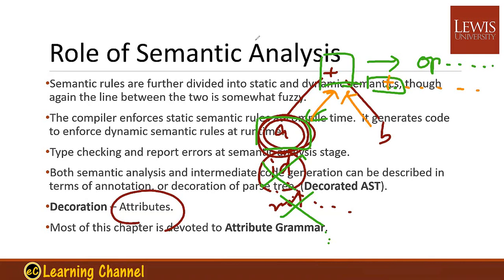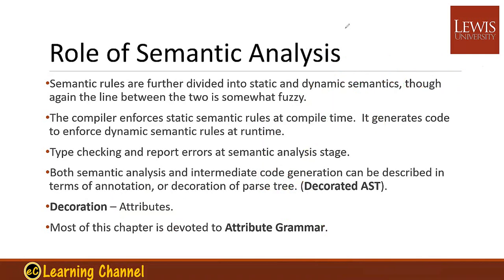So most of this chapter is devoted to attribute grammar. Attribute grammar means the grammar you use to describe the attributes. So it's not hard to understand. Attributes are the decoration. It's something you want to put on your Christmas tree. You have a syntax tree, and this one is your Christmas tree. And we do decoration. Each decoration puts some bell, whatever, over here.